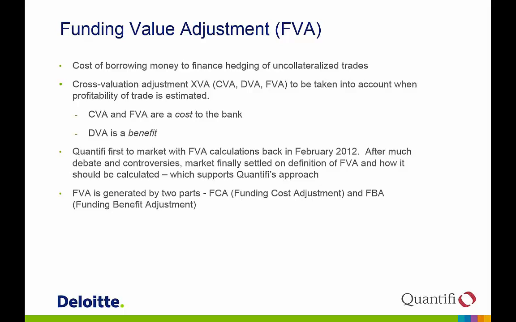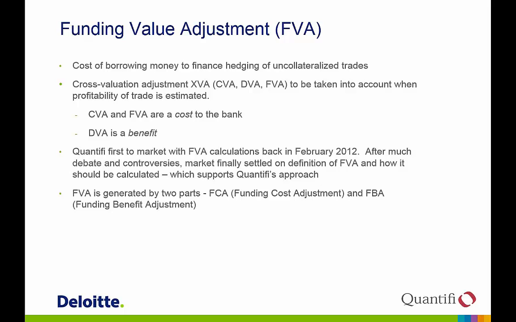After much debate and controversies, market finally settled on definition of FVA, which I just gave you, and how it should be calculated. And this supports our approach, which we had originally. FVA is generated by two parts, FCA, which stands for funding cost adjustment, and FBA, which stands for funding benefit adjustment.